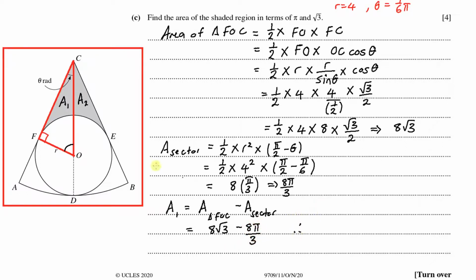And therefore, to find the total shaded area, it is going to be twice A1 or A1 plus A2. So it is going to be 2 times what we got here. So it's 2 of 8 root 3 minus 8 pi over 3. So this is going to give us 16 root 3 minus, multiplying 2 times this, we get minus 16 pi over 3. And this here is the answer to part C.